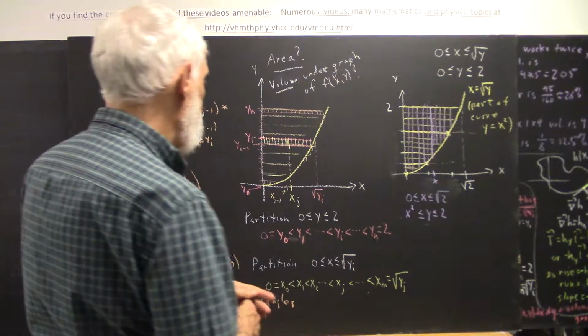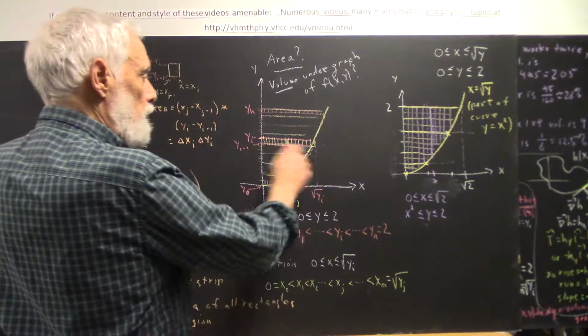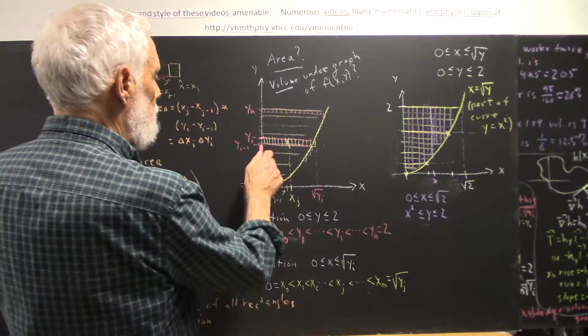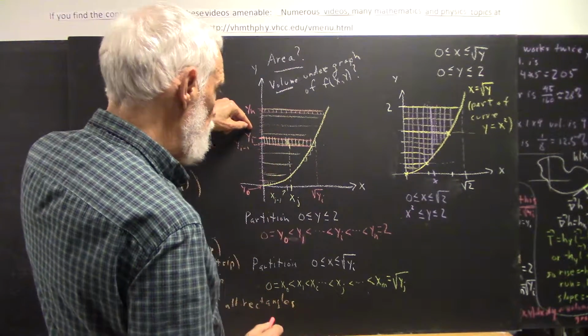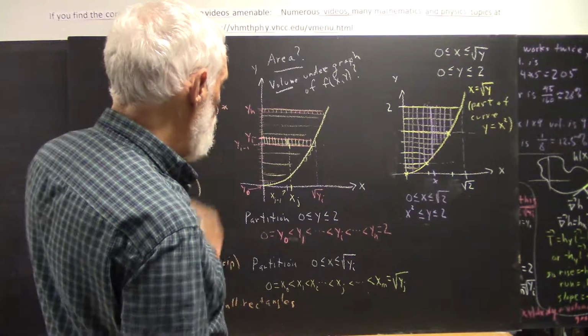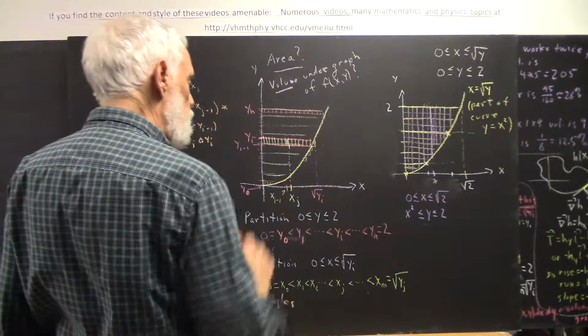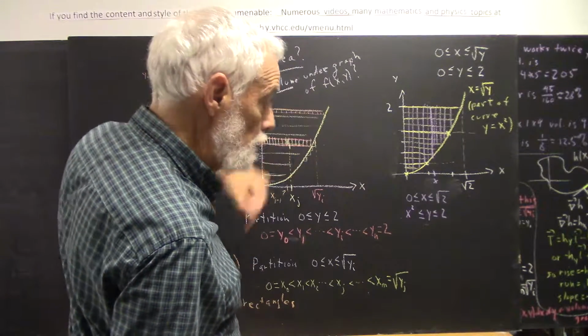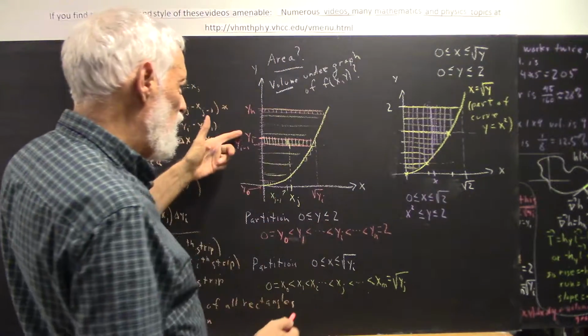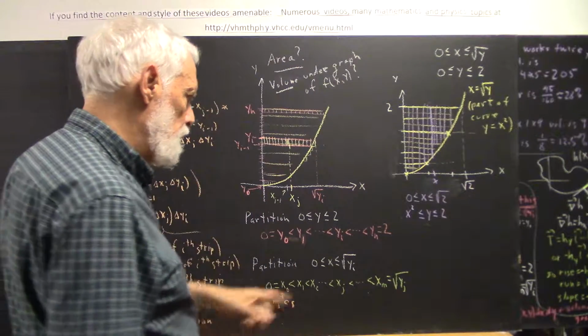In general, then, we're just going to take a typical strip or a typical interval of the y-axis here. There's y i minus 1, here's y i. Now, on this strip, our x values go essentially from 0 to the square root of y. But is it y i or is it y i minus 1? I'm not going to worry about that. I'm going to use y i.